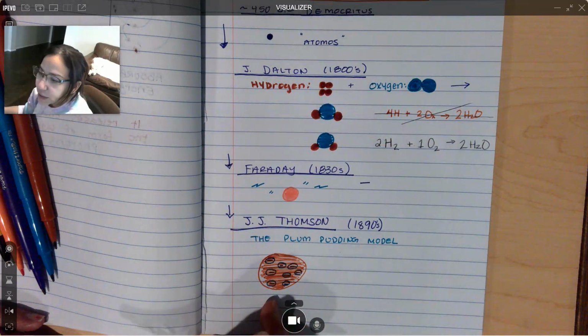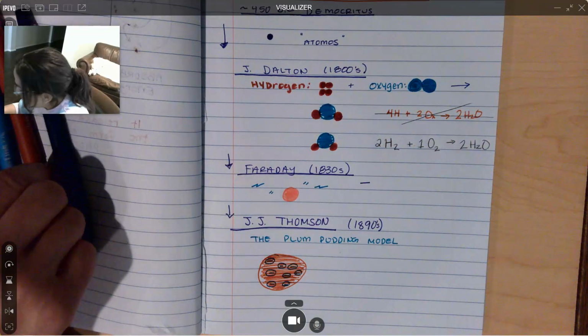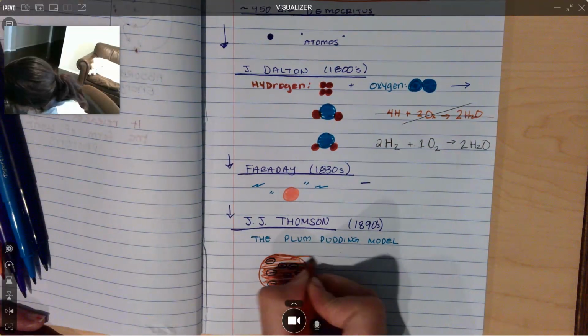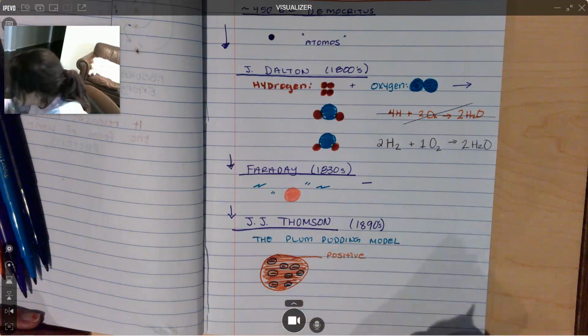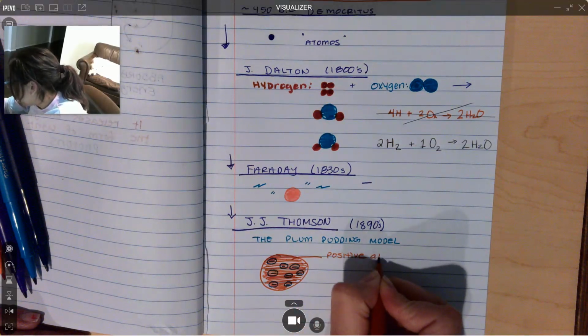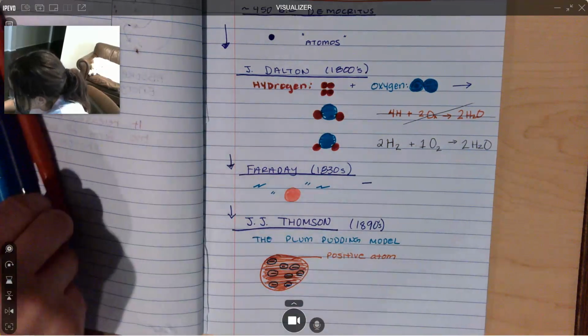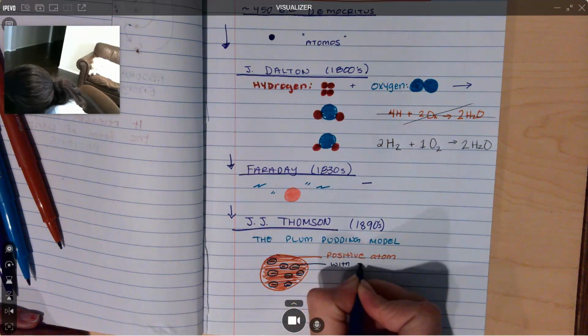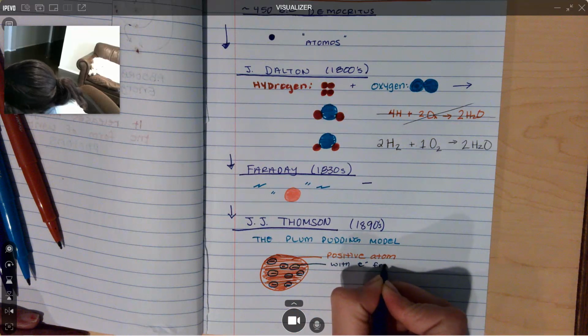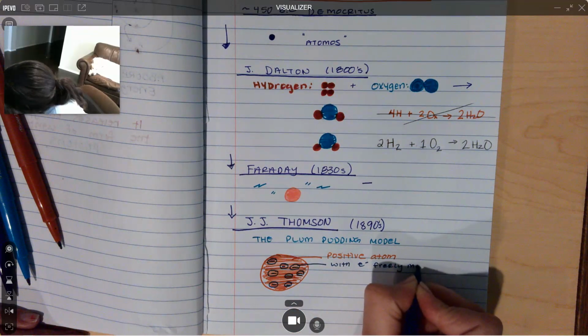So in it, you have electrons. This part is positively charged. So a positive atom with electrons freely moving inside.